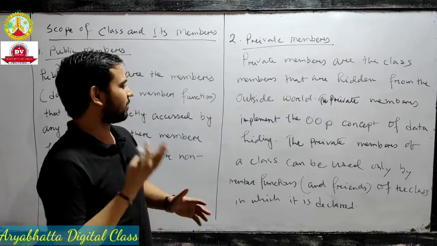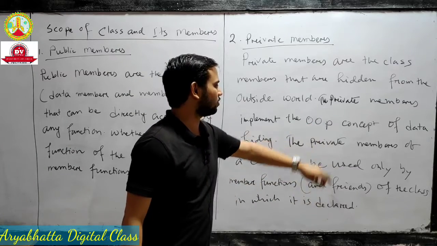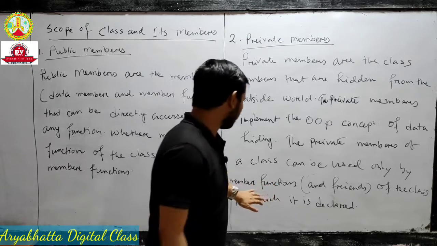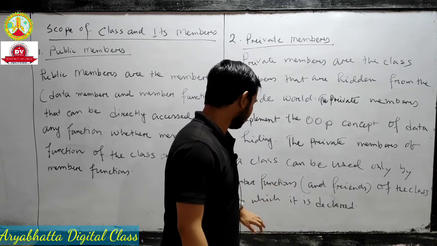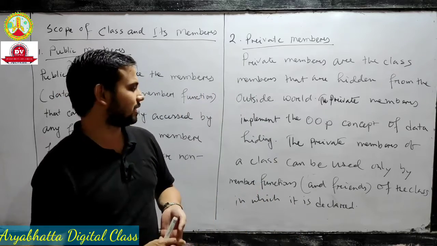I already told you the private members implement the OOP concept, meaning the object oriented programming concept of data hiding. The private members of a class can be used only by member functions and friends of the class in which it is declared, meaning only inside the class it will be accessed.